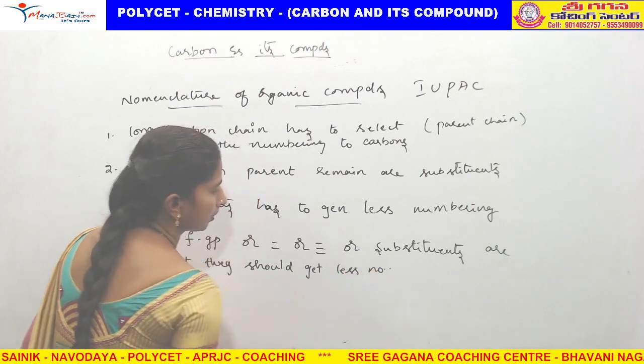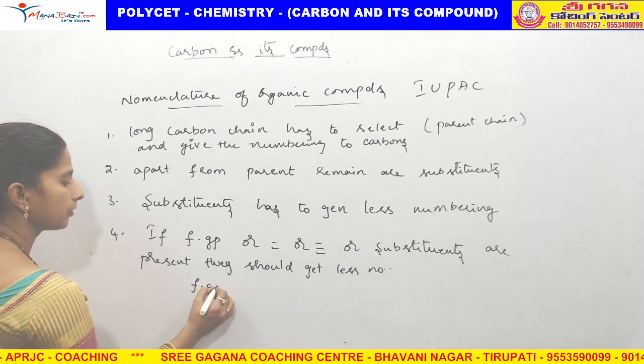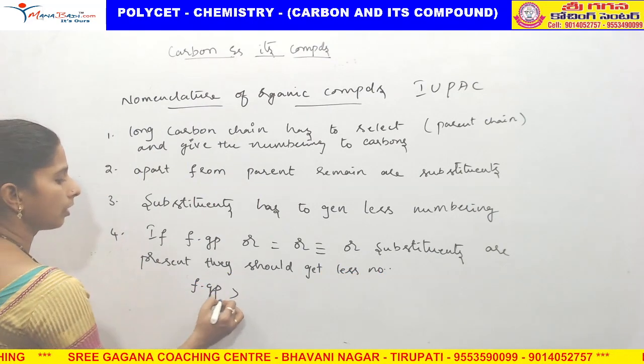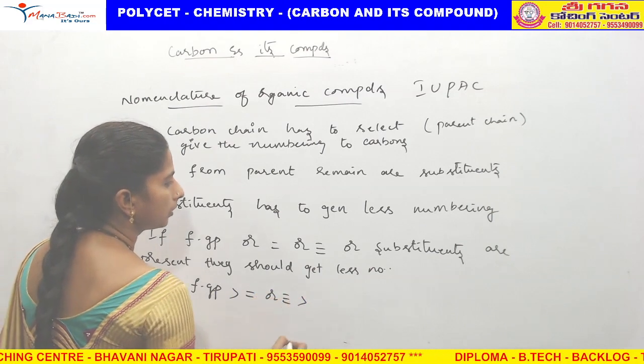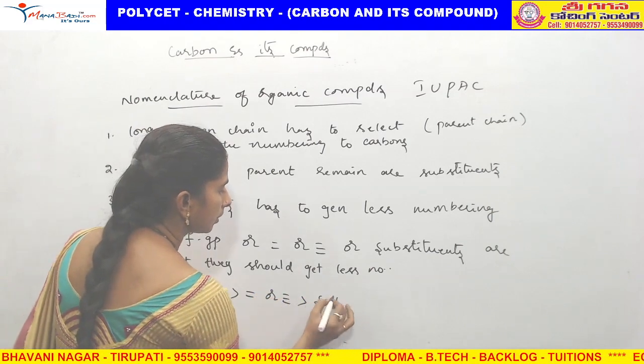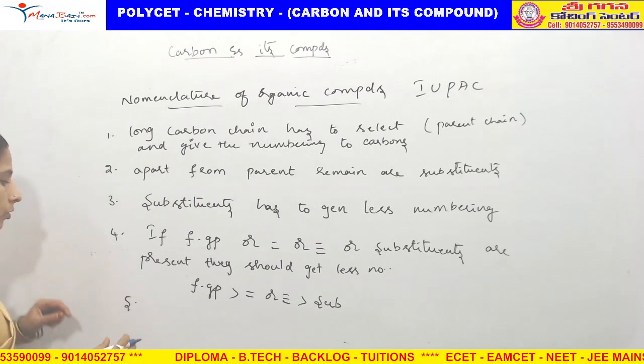Less numbering means first preference goes to the functional group, after that the double bond or triple bond, after that the substituent. This is the order we need to follow.